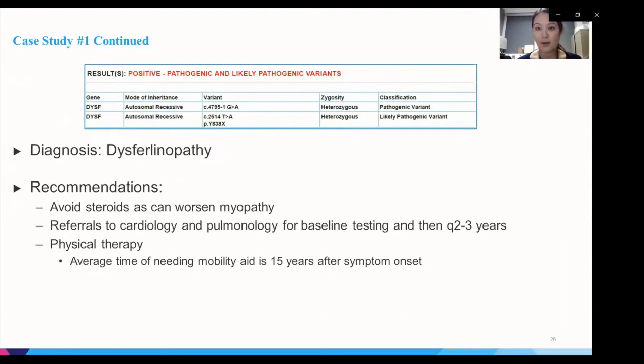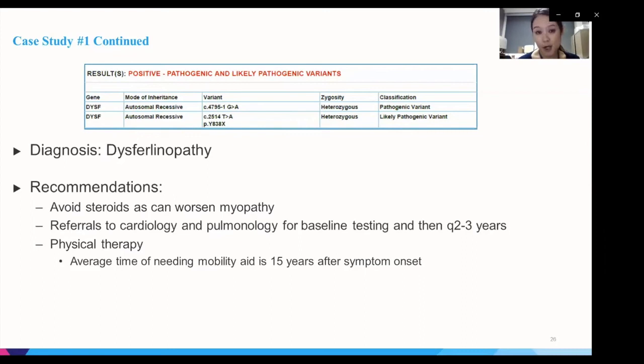We can presume that the other variant was inherited from him. So based on this, we were able to finally give the patient and his mother a name for why he had the hyper-CKemia and the myopathy, and we were able to give him recommendations to help direct his care.